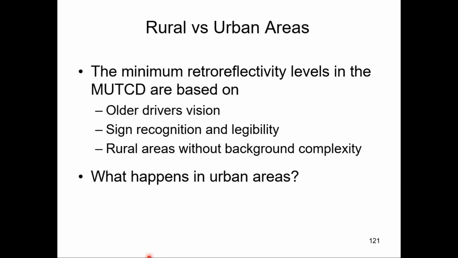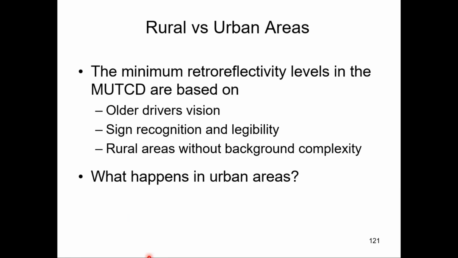They're also based on sign recognition and legibility. And that research was done in rural areas without much background lighting. And of course, in some of our rural areas there can really be no background or artificial lighting at all. So that's something to keep in mind.